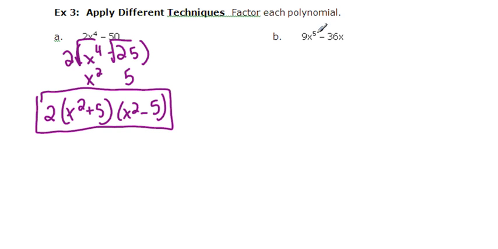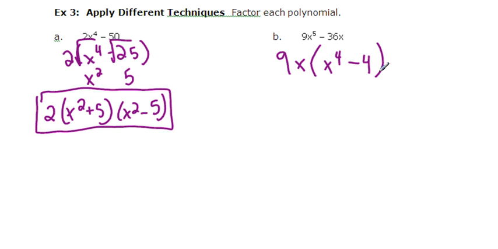So if I look at B, 9 and 36 are both divisible by 9, and they both have an x in common. So I have a GCF of 9x. 9 divided by 9 is 1, and I take away one of the x's, so I'm left with x to the 4th. 36 divided by 9 is 4, and I take that x away, so I don't have any left.